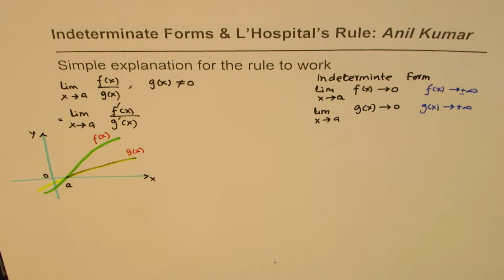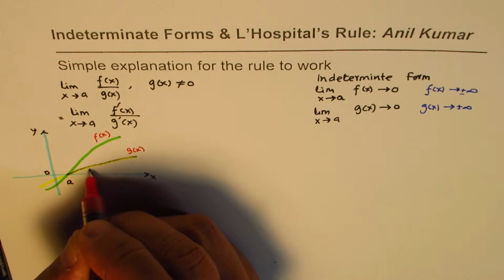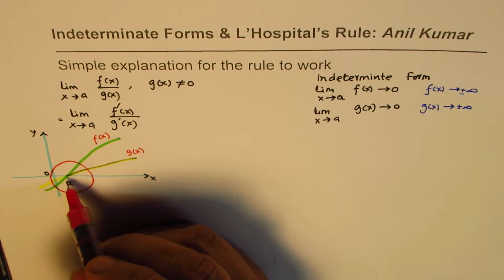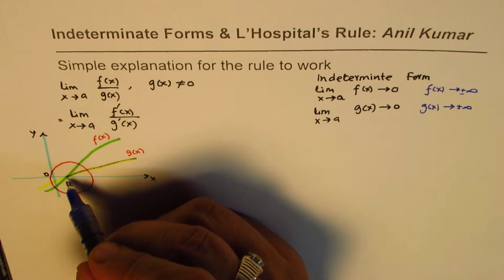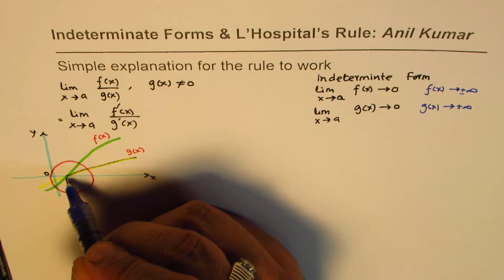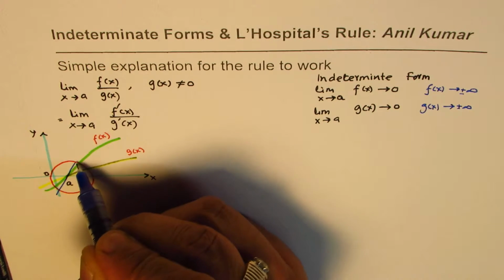Now how come the quotients are the same as derivatives? Well, if you enlarge and just look at this point, then you can see that at this point this curve becomes kind of a straight line. So we could draw this curve as kind of like this, a straight line.